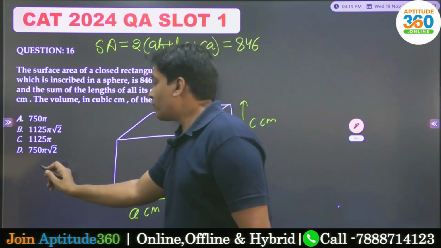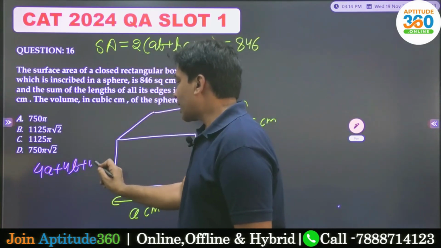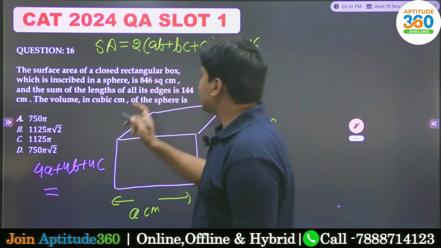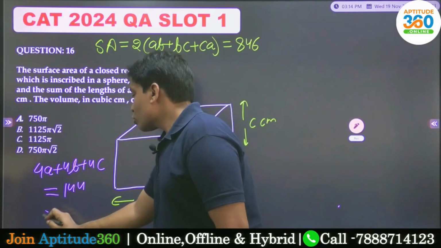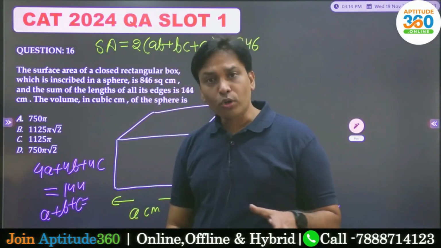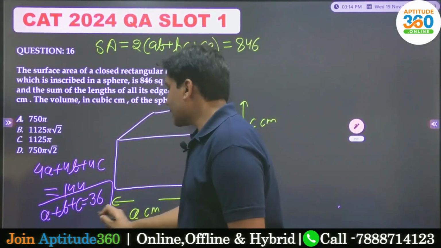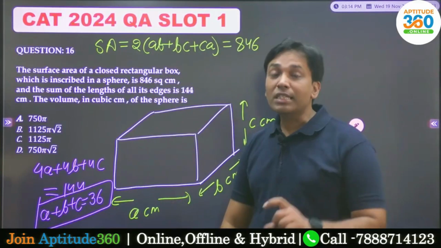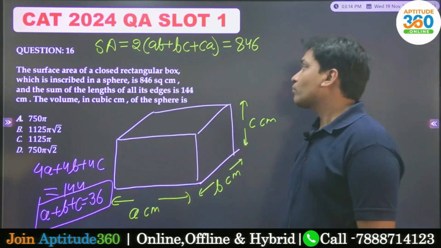So 4 times of A, and then 4 times of B, and then 4 times of C, and that is given to us as 144. So what is going to be sum of these 3 things? 144 divided by 4, that comes out as 36. So we know for sure that sum of all the sides of this rectangular solid is 36 centimeter.